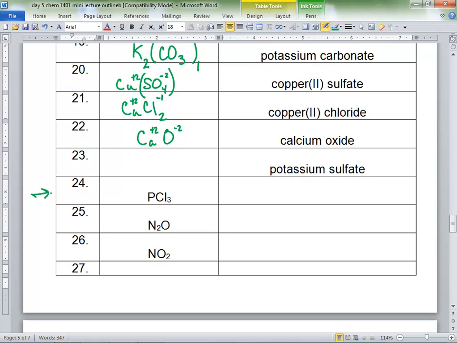So that means you have to name the first element, name the second element, add IDE, do the whole Greek thing. Yes, it'd be monophosphorus. Yep. Some people leave the mono out, but I always go through all that work, you might as well leave it in.